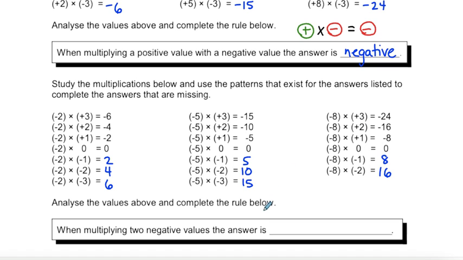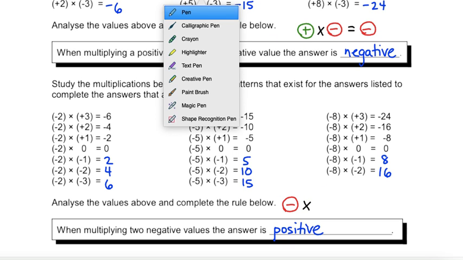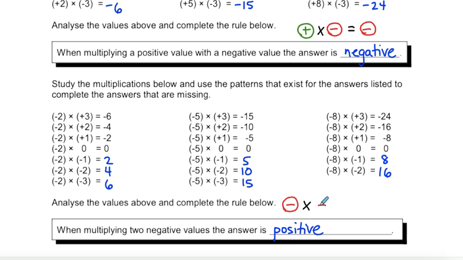So indeed, we can say with certainty that when multiplying two negative values, the answer is always positive. And again, you may wish to use the integer markers to help you represent that. So a negative number times a negative number will equal a positive number.